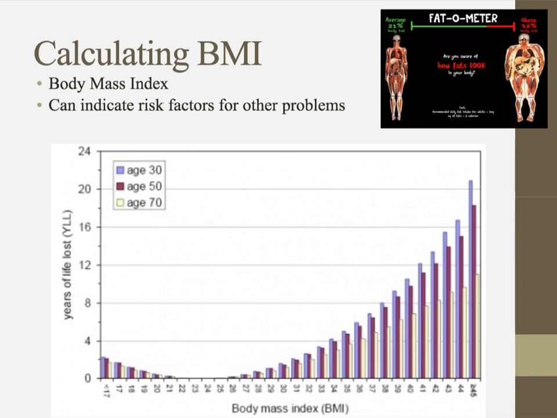So we can use BMI, or body mass index, to give us an idea of whether we're at a healthy weight range for our height, or whether we're accumulating too much extra weight in the form of fat and causing a decreased lifespan. So the higher our BMI is, the more years we're losing off of our average lifespan, which is pretty crazy.